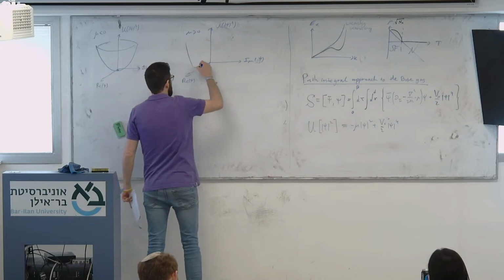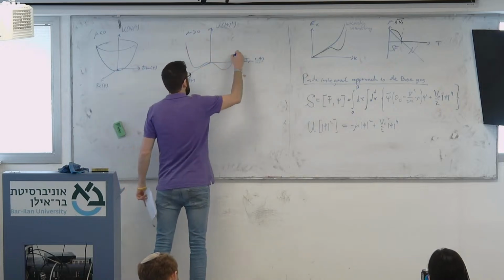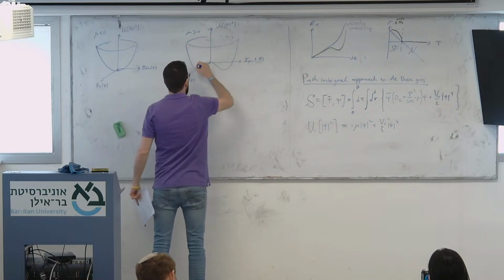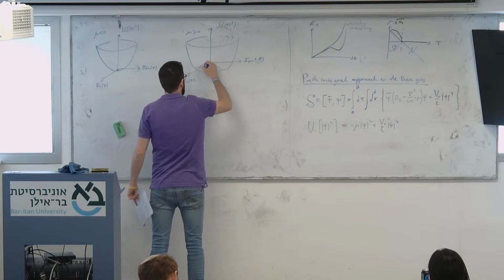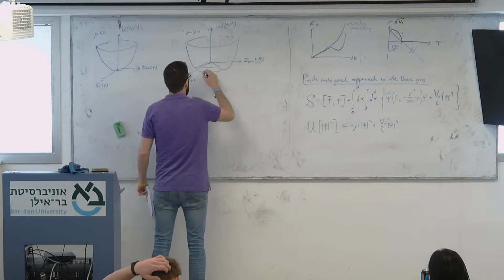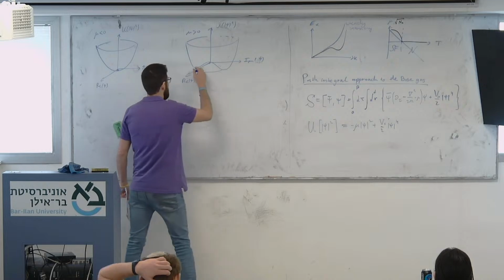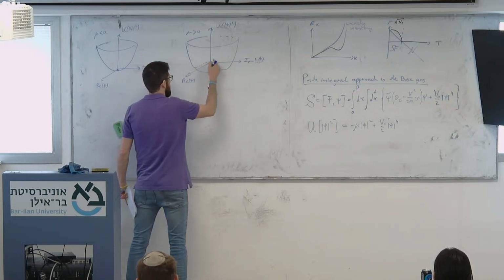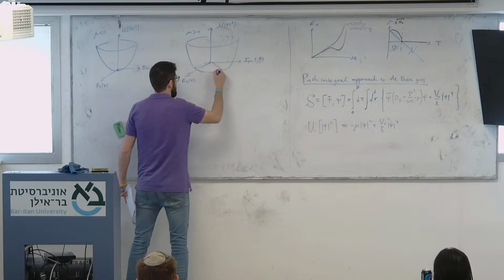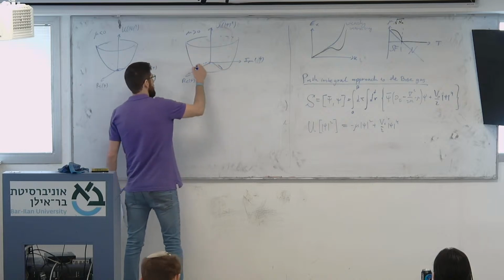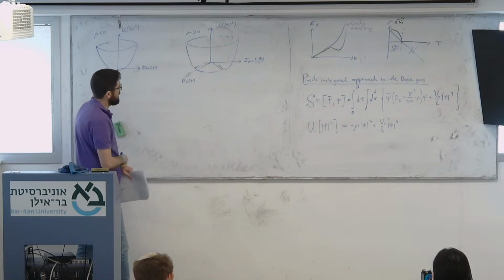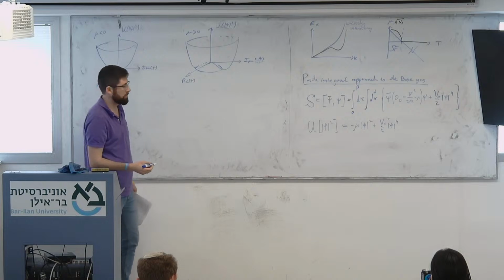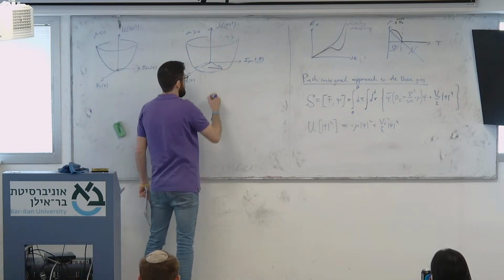It basically looks like this. I don't know if the drawing is clear, but it basically has a minimum that sits on a ring, and the radius of this ring is what?